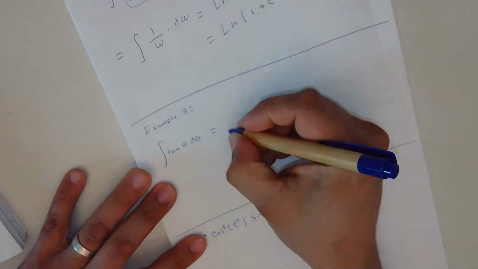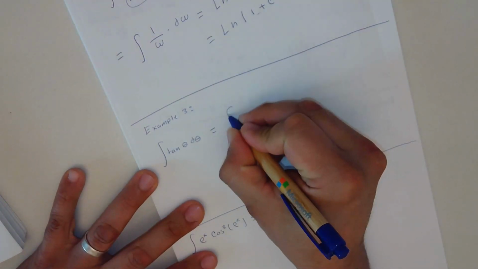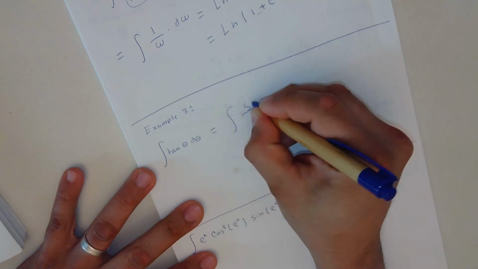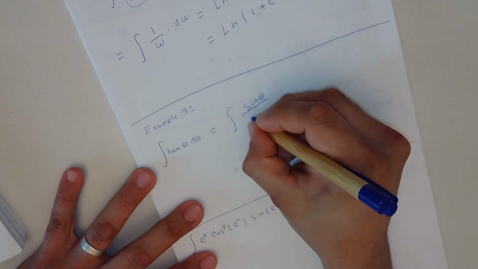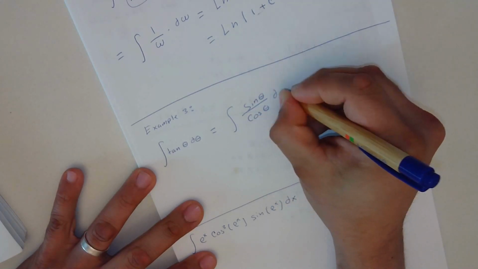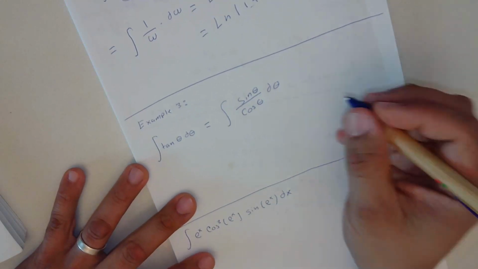For this one, what is this? I can rewrite it using trigonometry and say this is sine theta over cosine theta, d theta.